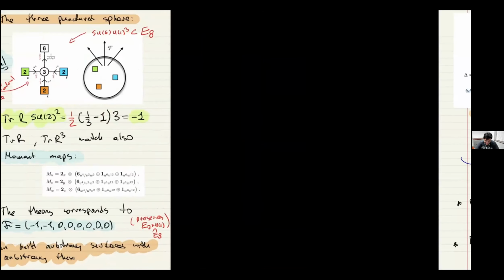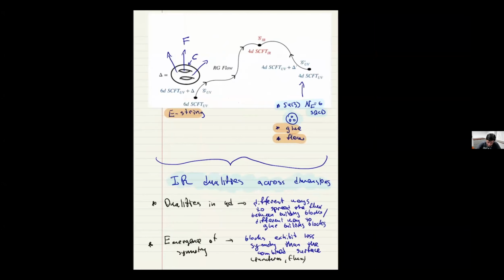Okay. So let me summarize what we have done here. With this E-string example, let me just emphasize what we have achieved. We started from this E-string theory. We deformed it by putting it on a Riemann surface with flux, and we flowed to some theory in 4 dimensions.